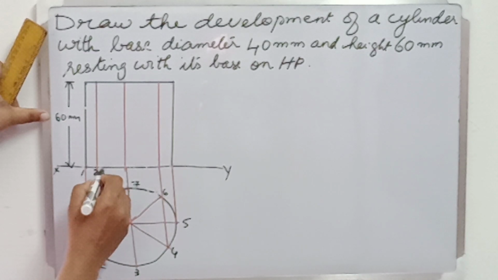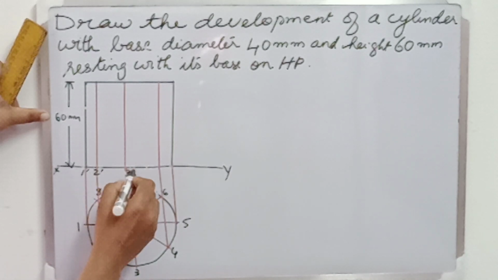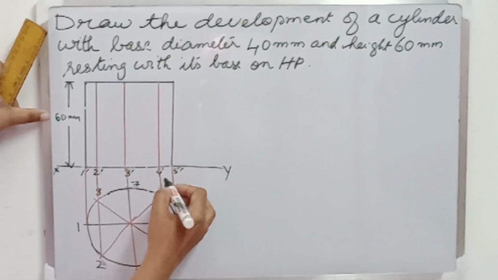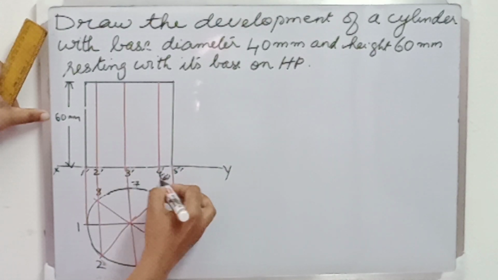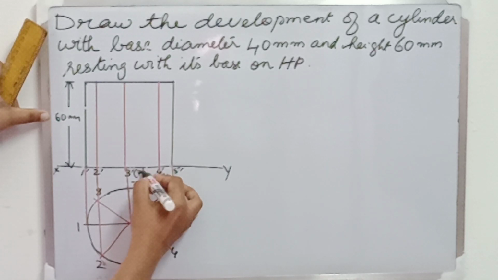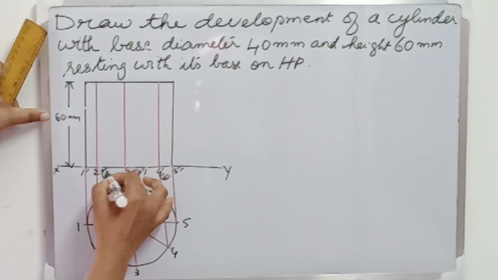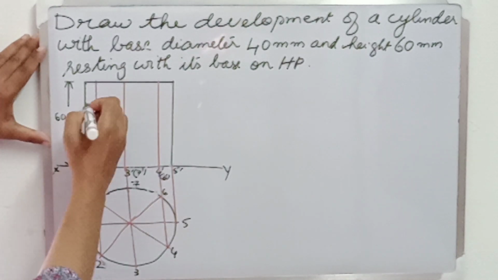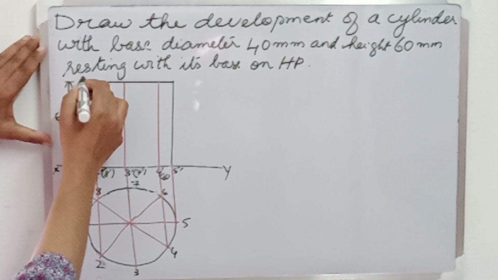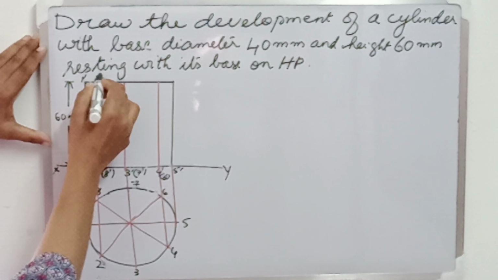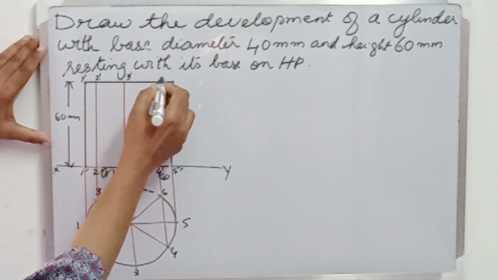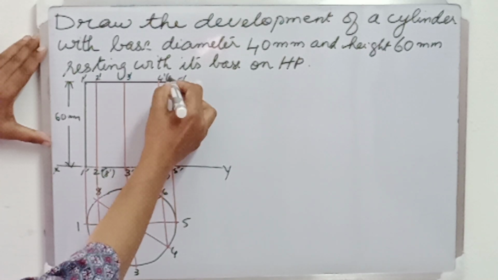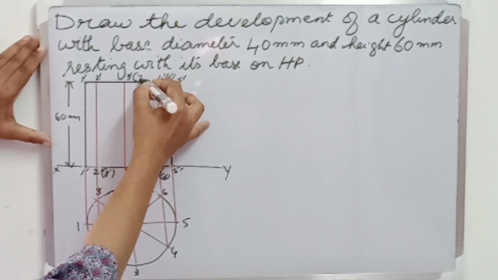So let us name these points on the front view as 1 dash, 2 dash, 3 dash, 4 dash, 5 dash, 6 dash in bracket, 7 dash also in the bracket, and 8 dash also in the bracket, as they are hidden in the front view. In order to avoid confusion, I am naming the points on the top face also as 1 dash, 2 dash, 3 dash, 4 dash, 5 dash, 6 dash, 7 dash and 8 dash.